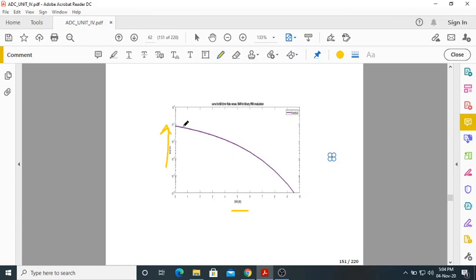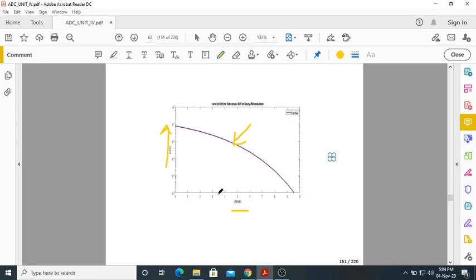This is how the probability of error curve looks. This is a MATLAB simulation of probability of error of BPSK. These are called waterfall curves because they are similar to a waterfall.